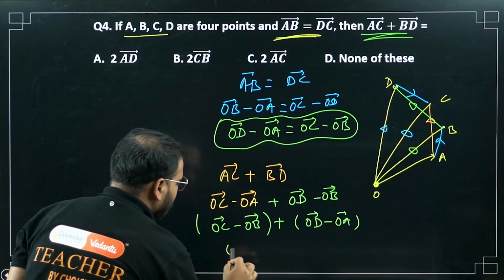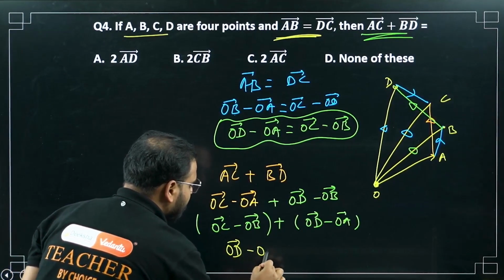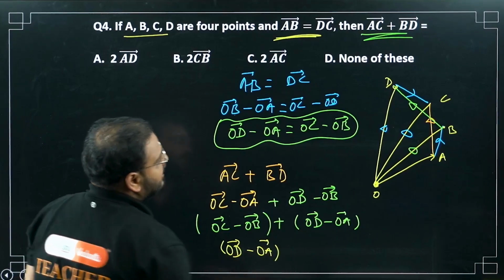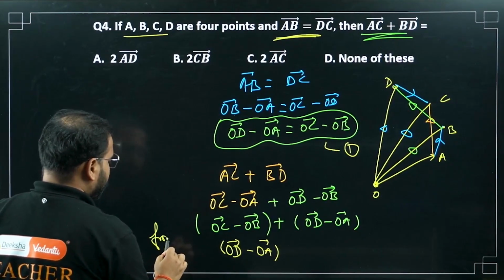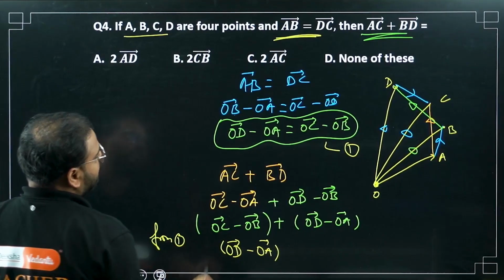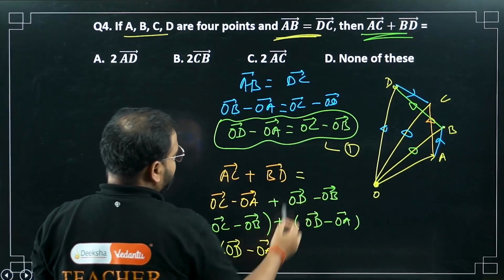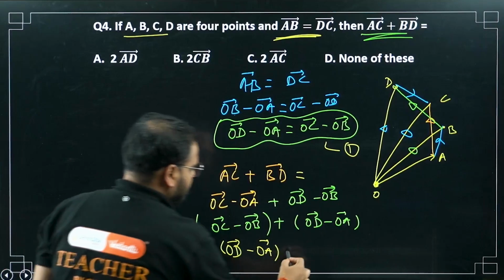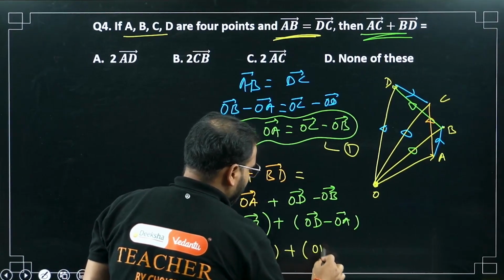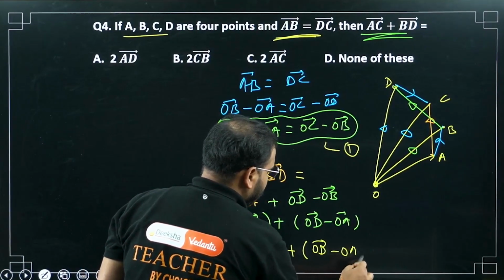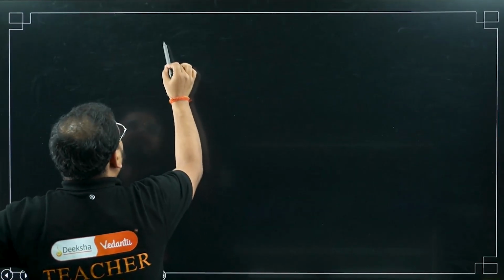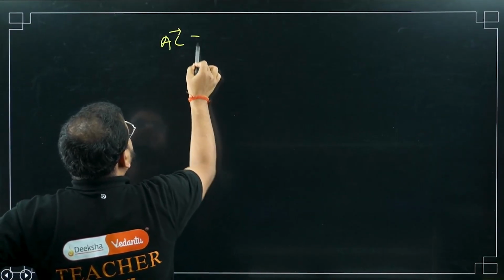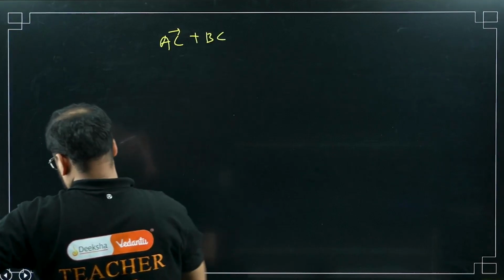So please write here OD minus OA for this also. If this is my equation 1, I can say from 1, all of this is equal to AC plus BD. So plus OD minus OA again. Now I'll show you. So I'm getting so far AC plus BD.